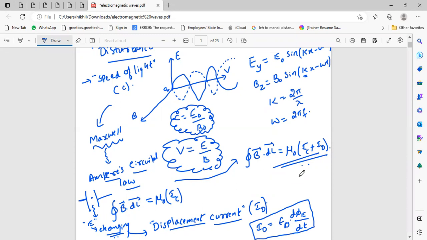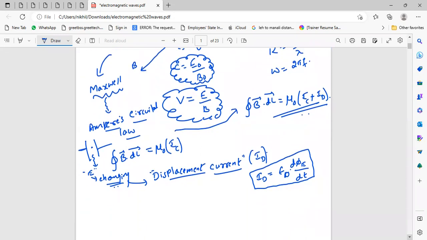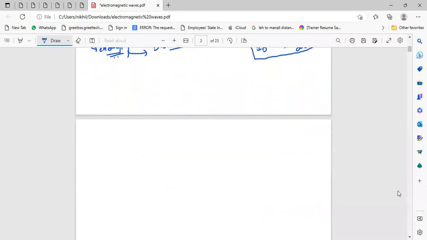So this is the modified form of Ampere's circuital law. Got it? Yeah.